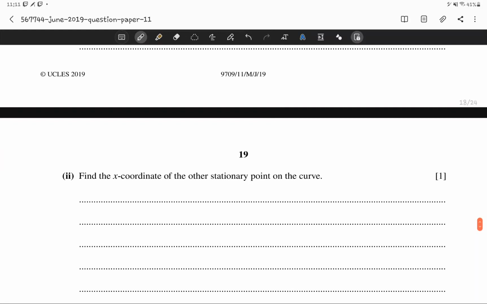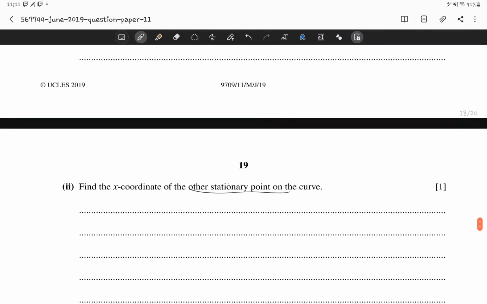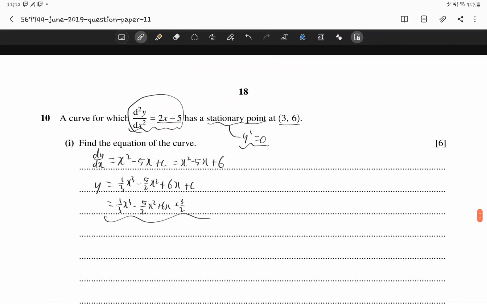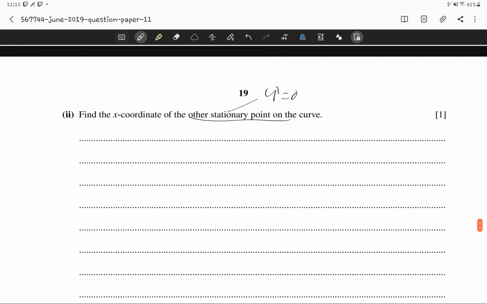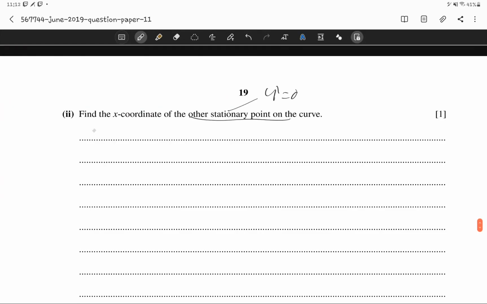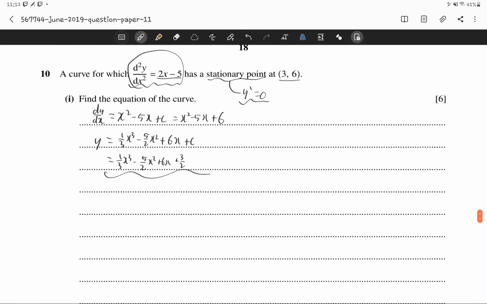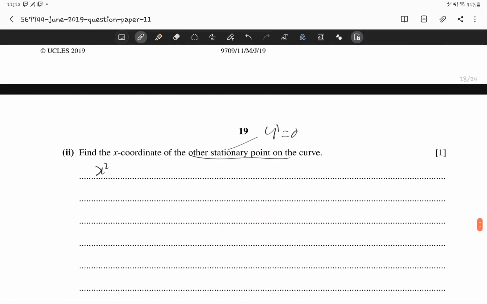Find the x-coordinates of the other stationary point. Yeah. Okay, so I'm pretty sure this one is y prime equals 0. What was y prime? x squared minus 5x plus 6.